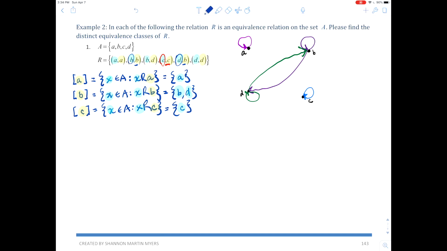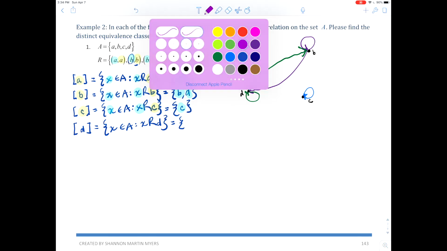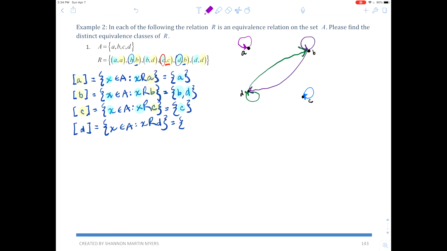Next up, we've got one more class. The class of D is going to be equal to X belongs to A such that X R D. And let's check it out. We've got outputs of D here and here, that I underlined in the purple color.